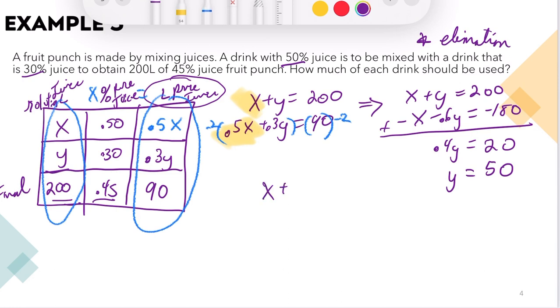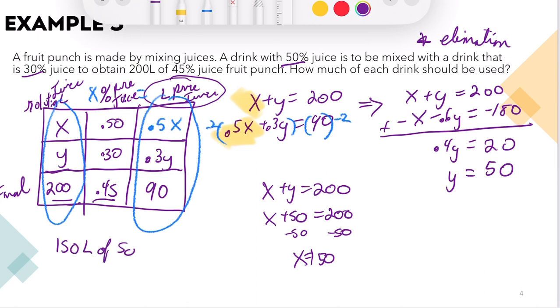So I have x plus y is 200. So since y is 50, that means that x has to be, drum roll, 150. Yay! So I need 150 liters of 50% juice because we used x to represent 50% juice, and 50 liters of 30% juice.